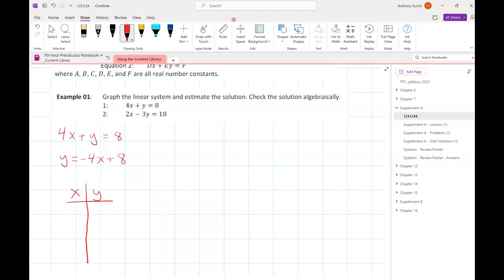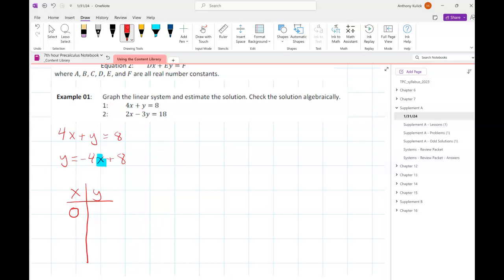So I'm going to pick a value for x and find the corresponding value for y by plugging it into the equation above. If I pick 0 for x, what should y be? Again, this is some pre-algebra that we're asking.